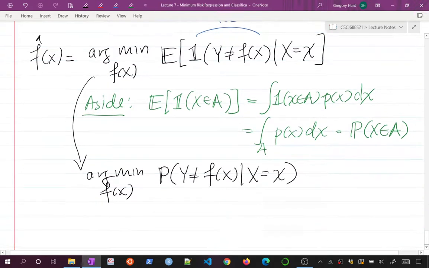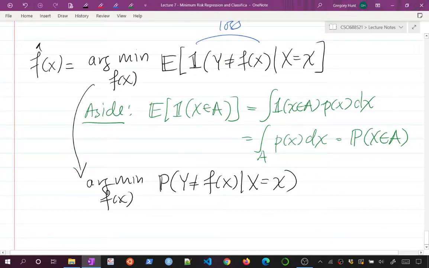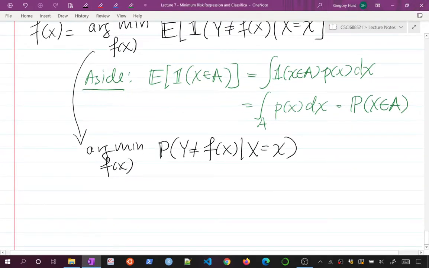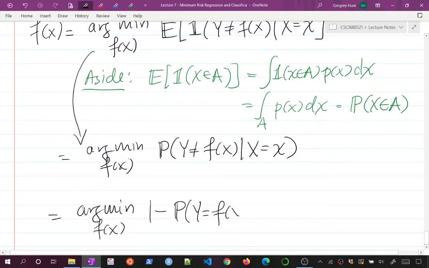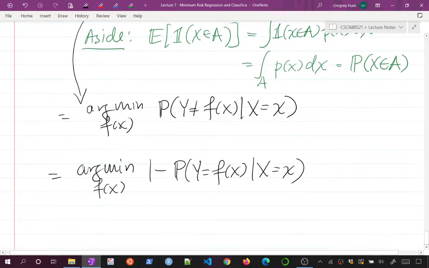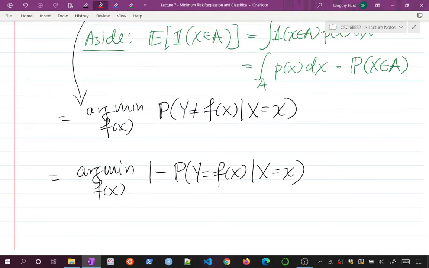All right, so this is a conditional probability. I could write this as 1 minus the probability that y is f of x, conditional. That's certainly allowed. So the probability y is not equal to f of x is 1 minus the probability it is.